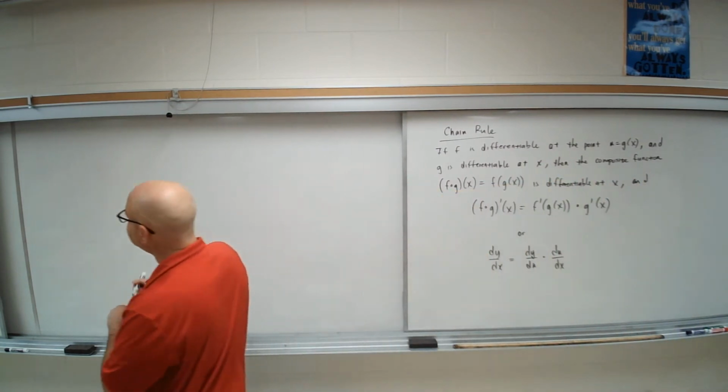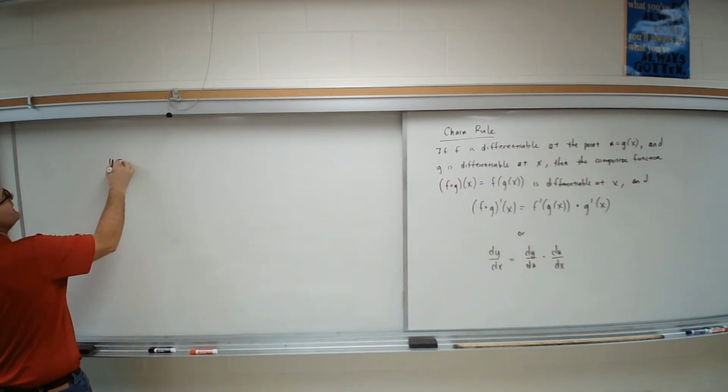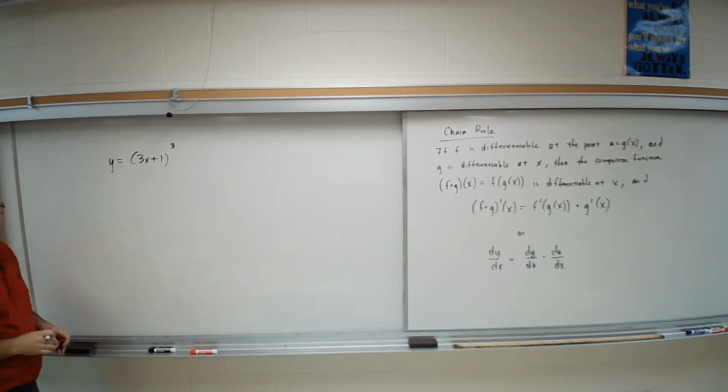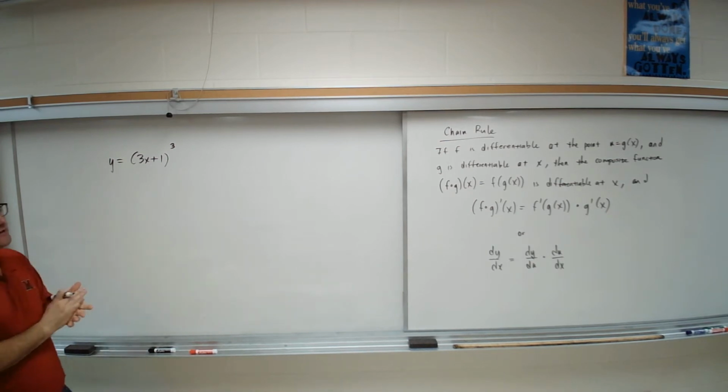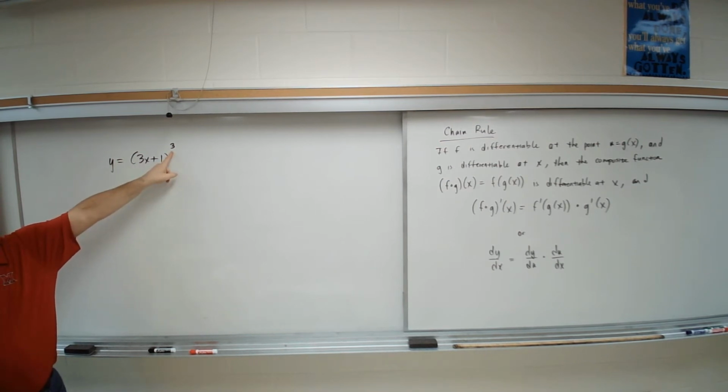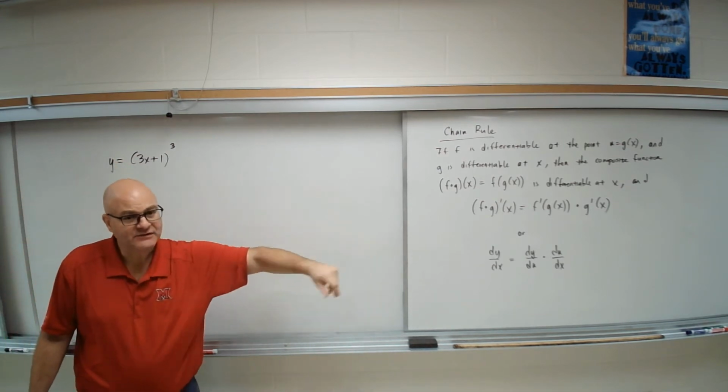So we had the function y equals 3x plus 1 cubed, right? And we looked at that by substituting it out. We talked about how this is a composition. The inner function would be the 3x plus 1. The outer function would be the cubing. Let's look at the substitution method first.